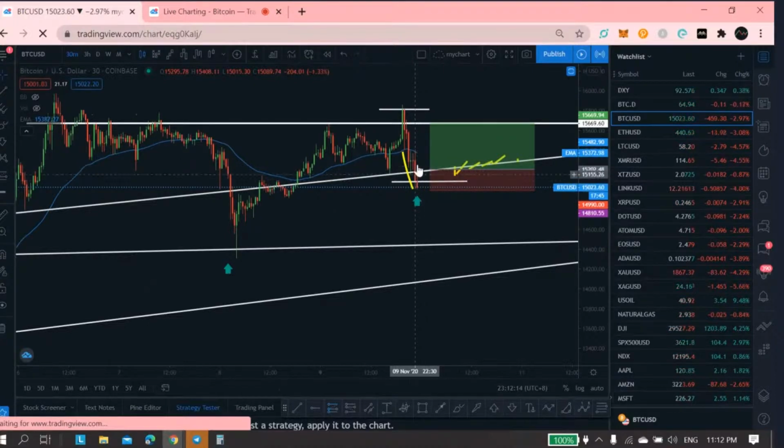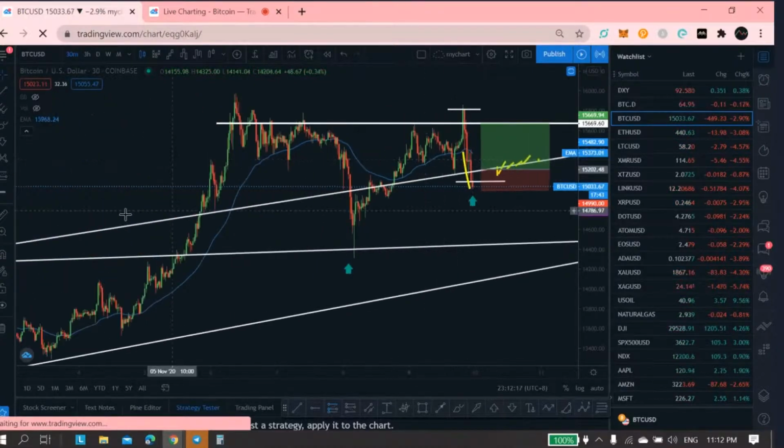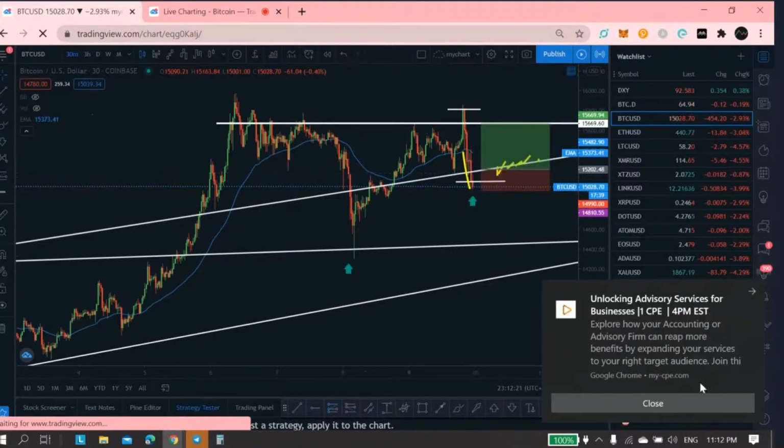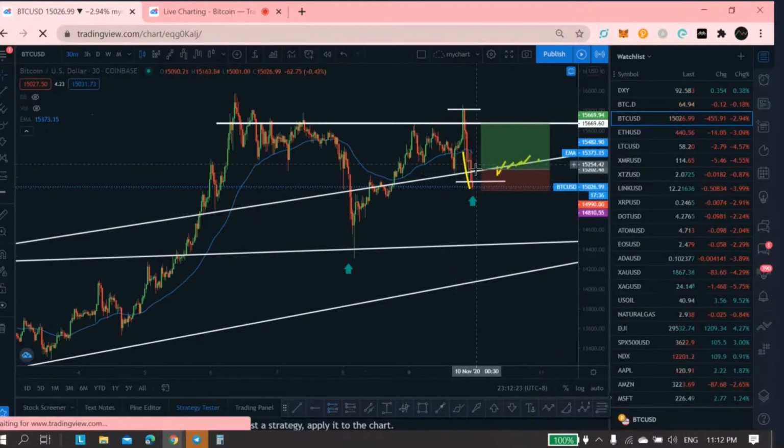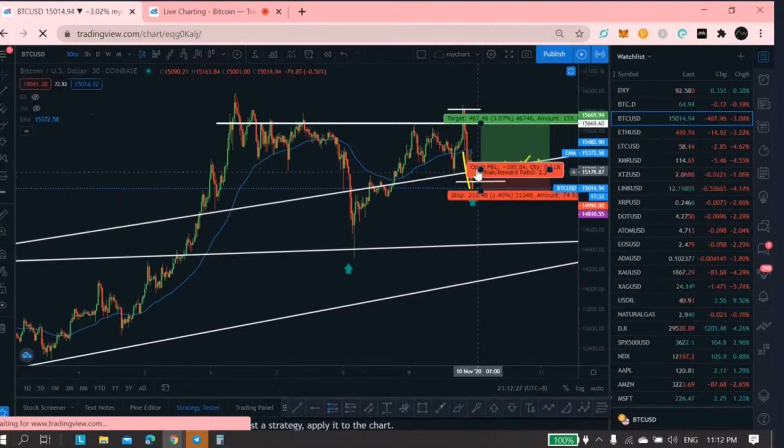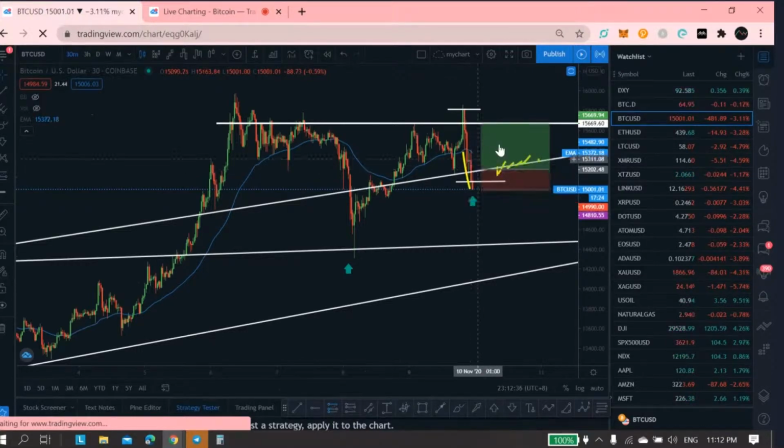So it needs to move up a bit. This is the previous resistance, or I mean this is also the resistance currently. This area, this white line here around the 15,000 something, 15,100. What's that? Let me check. Yeah, around there, 15,100 or 15,200, around that area.